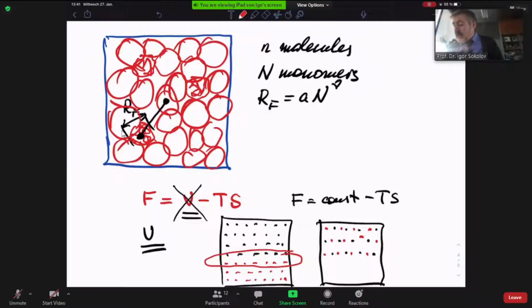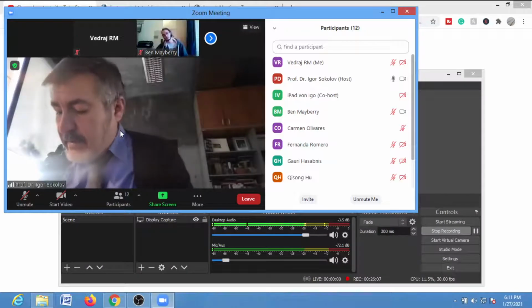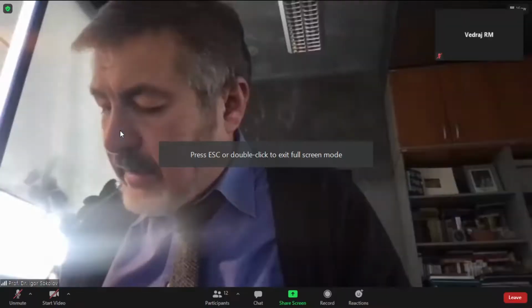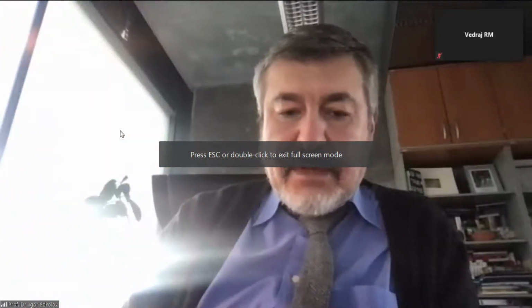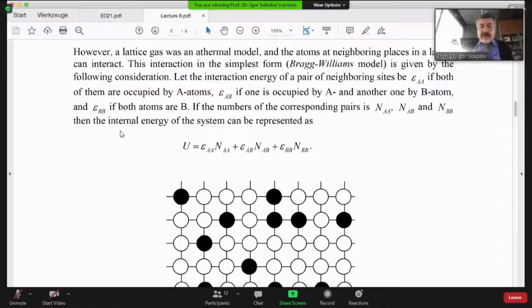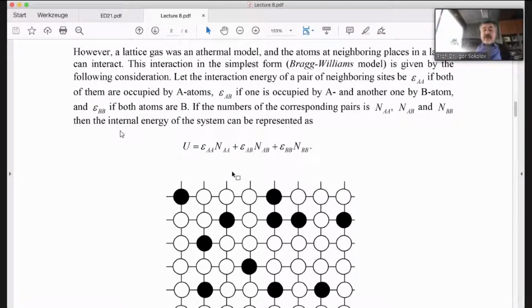And we will try to invent, which means that the two very clever gentlemen, Mr. Bragg and Mrs. Williams, at the beginning of the 20th century, invented a very simple model in which we assume that first interactions are only short-ranged, so that only the neighboring atoms, or atoms occupying the neighboring sites, do interact.